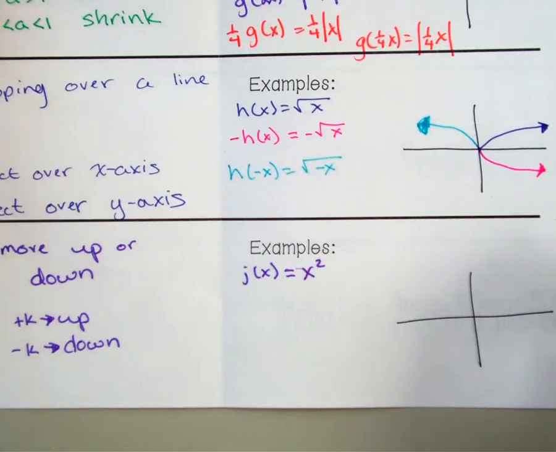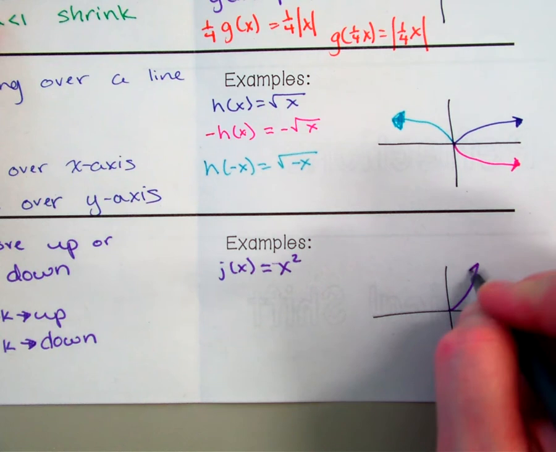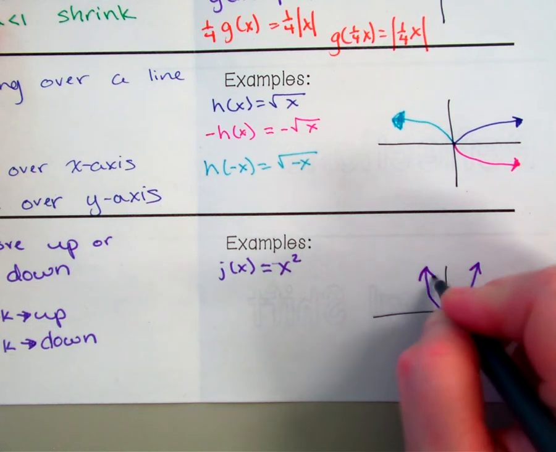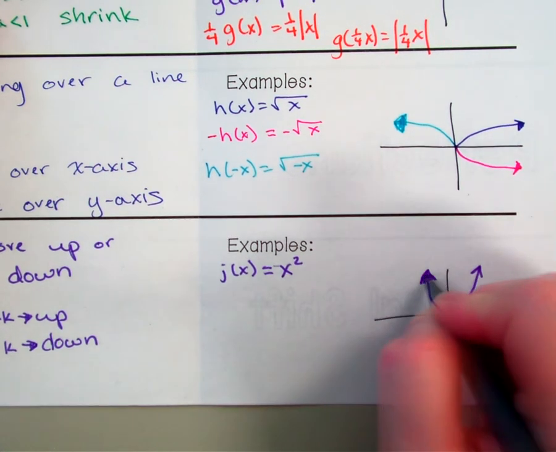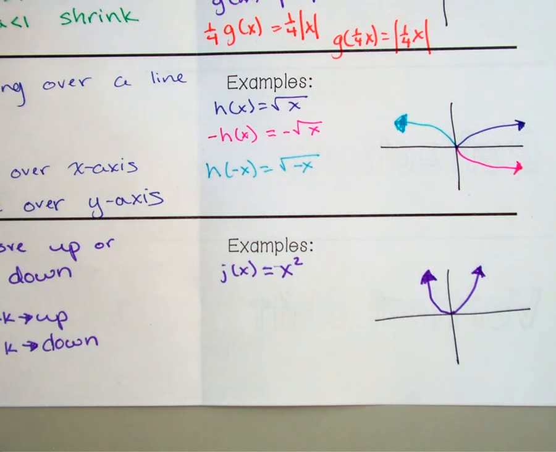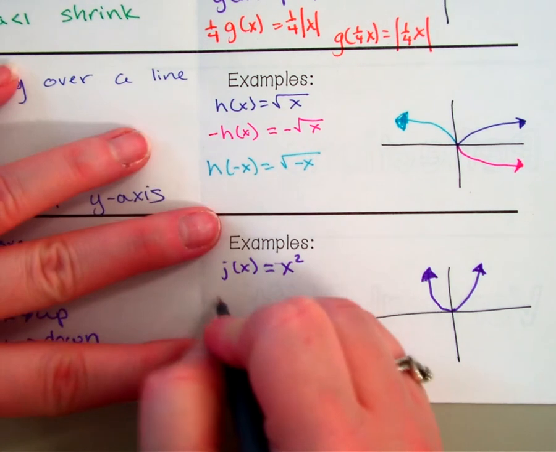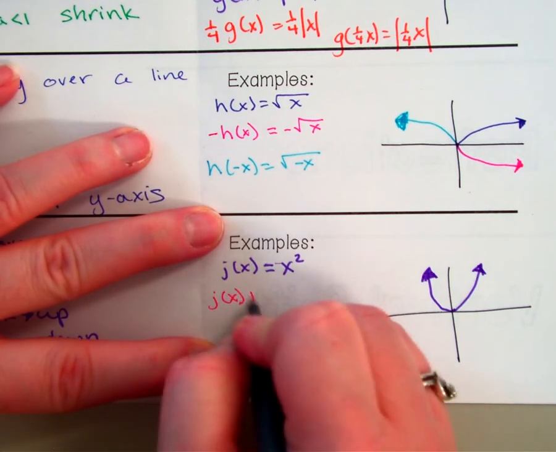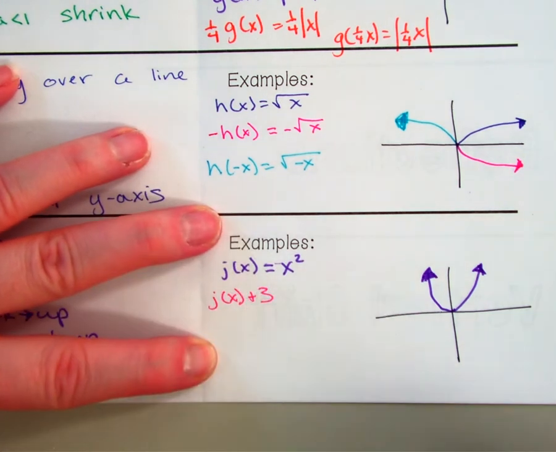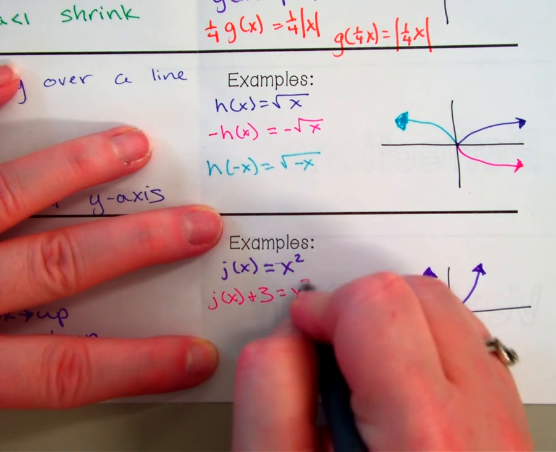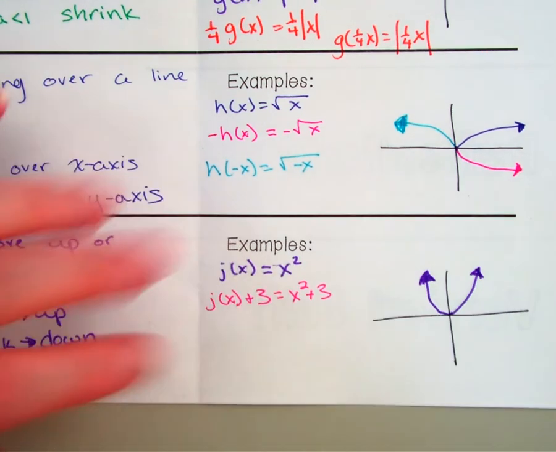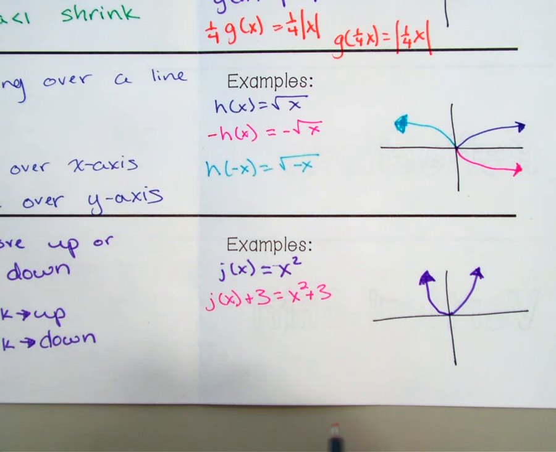So j of x equals x squared. It's our parent function for our quadratic family. So if we say j of x plus 3, here's our plus k, that's our function notation. In our actual equation, this is what it would look like: x squared plus 3.